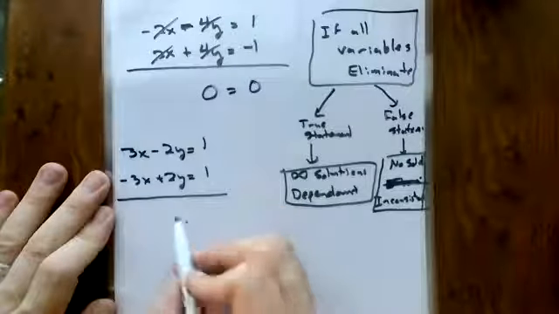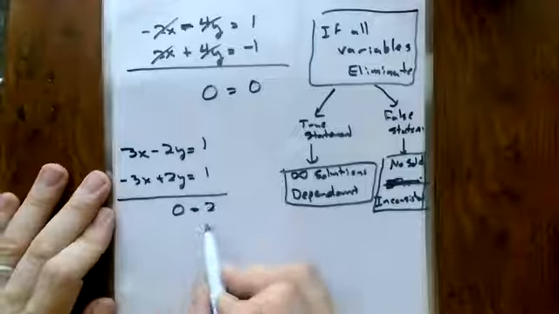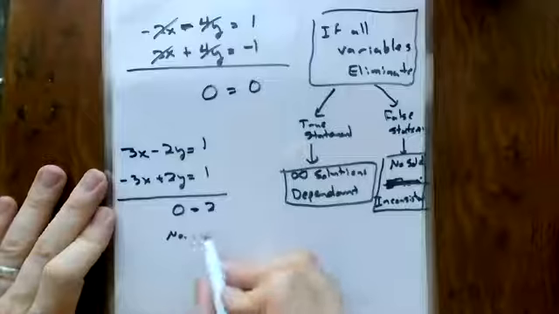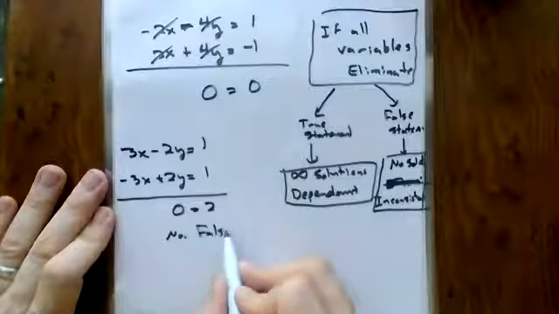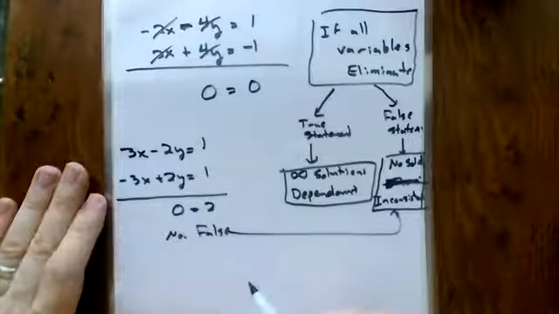Minus 2x plus 2y is 0. And 1 plus 1 is 2. 0 equals 2? No. This is a false statement. So this means that we would have no solutions.